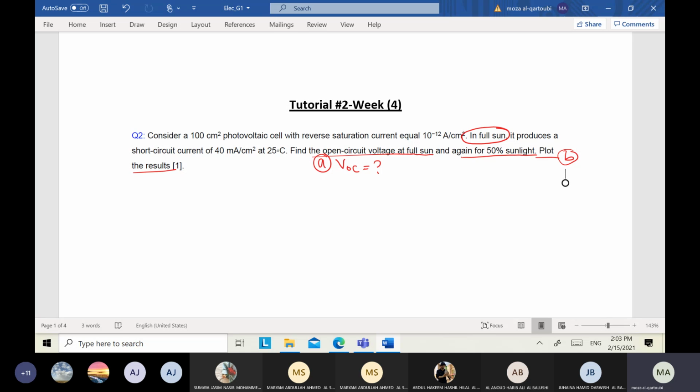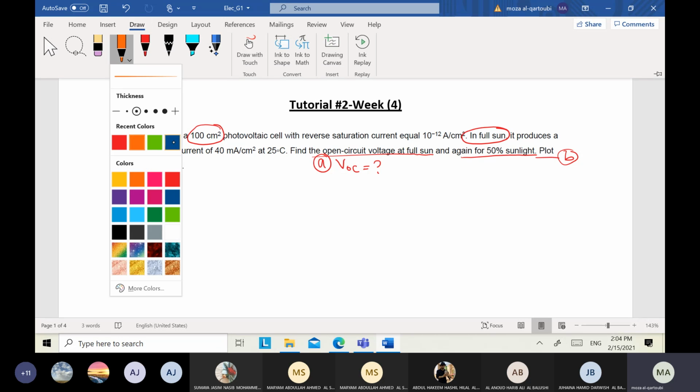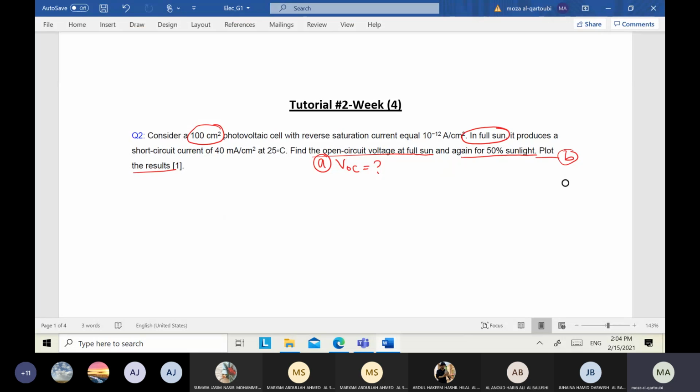So in this case, two values are given. The area is given in centimeter square, so area equal 100 centimeter square.